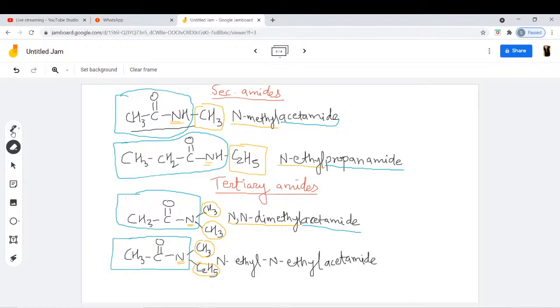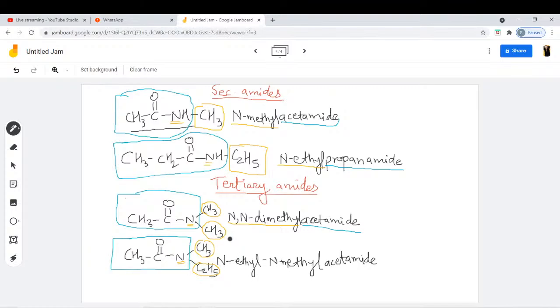Ethyl comes first alphabetically, then methyl. So please don't be confused: N-ethyl, ethyl comes first, then N-methyl. So N-ethyl, N-methyl acetamide.